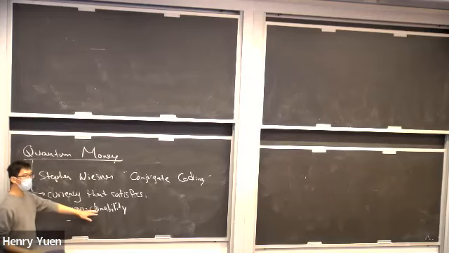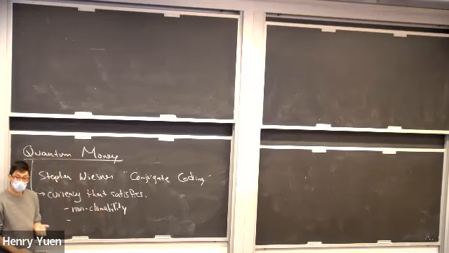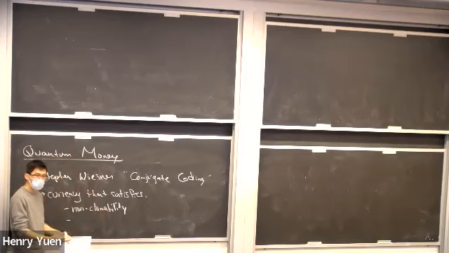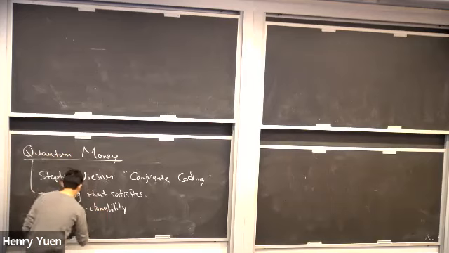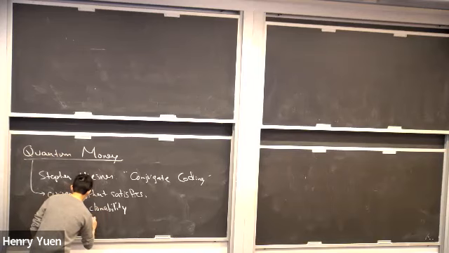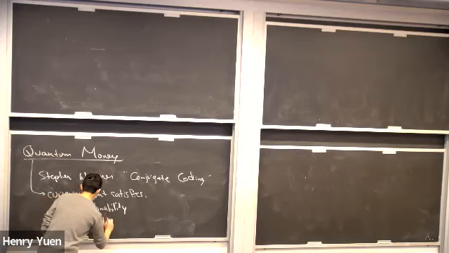But of course, non-clonability is not enough. I can give you a hard random state that's non-clonable, but it's also not currency because you want to verify that it's worth something. So it also has to have the property of verifiability.